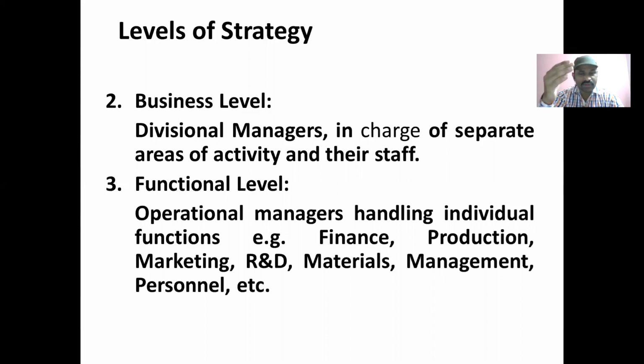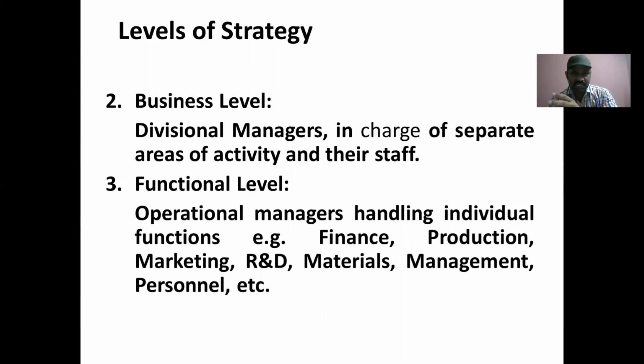And below the business level, we have functional level. In the case of a diversified company, every business will have its own functional departments like production, marketing, HR, R&D, finance, etc. Under Tata Group, Tata Steel has its own separate functional departments. Tata Motors will have its own functional departments.